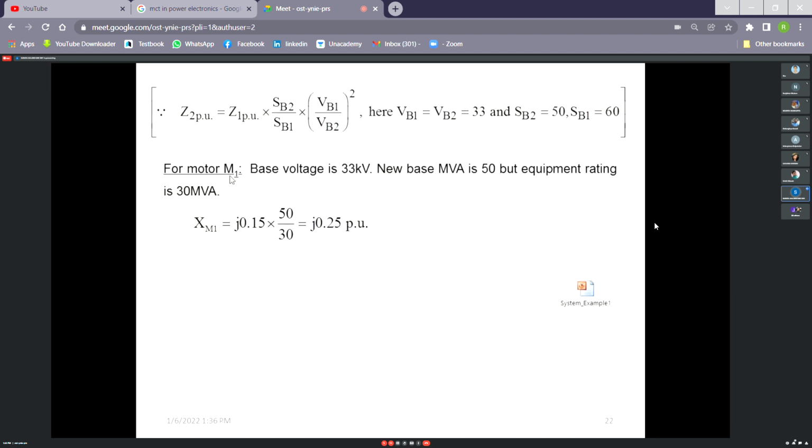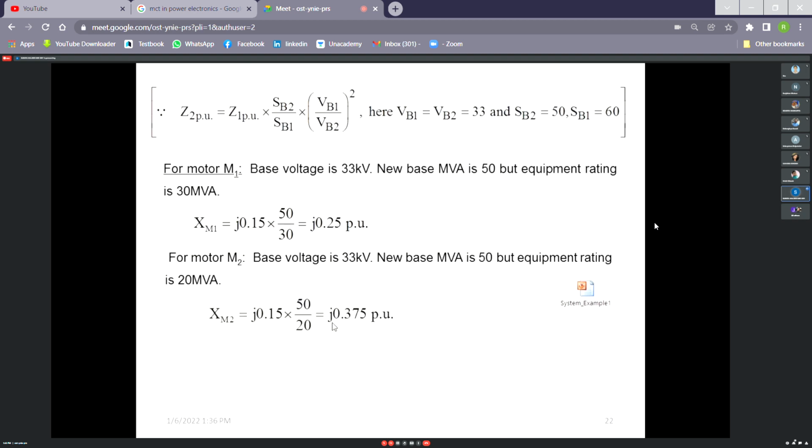For the motor, the base voltage is the same, but the base MVA is 50 while the equipment rating is 30. So we have to convert it for the MVA. Similarly for motor 1 and motor 2, the MVAs are not the same. You must follow this very properly when you do this for examination or any competitive exam.